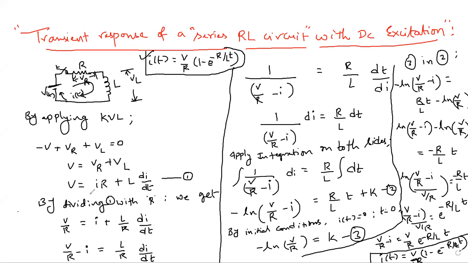So by this, now I'm dividing the entire equation 1 with respect to capital R, and after doing the simplification and rewriting the equations, here I applied the integration on both sides. There itself I got the value of current I of t after a few refinements.